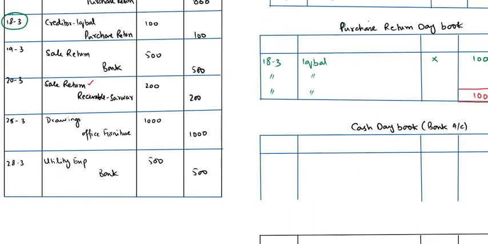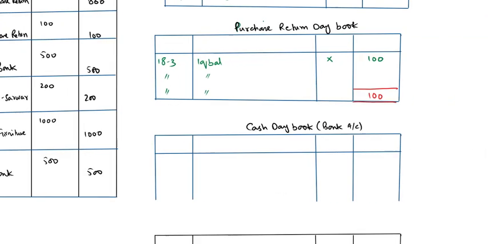We modify our cash day book in two ways. There is a debit side and a credit side, so I will refine my day book into debit and credit side. I have to extend this.